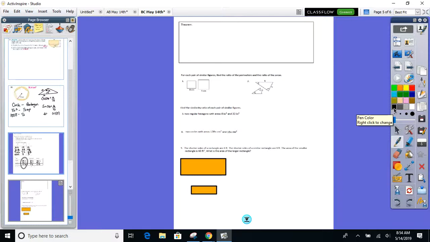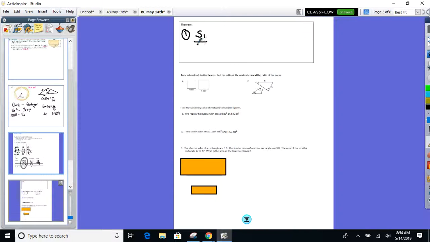All right, so first theorem we just talked about, S1 over S2. What do you think S is going to be? Similarity ratio, side ratio, yes. That's the similarity ratio.